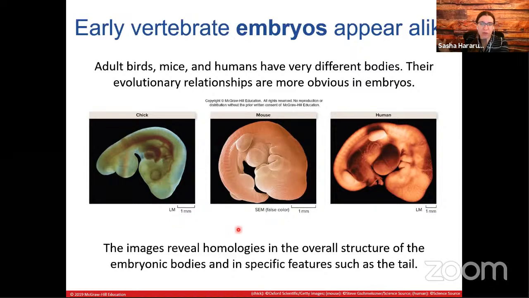But as an embryo develops into a baby chick or baby mouse or baby human, suddenly these babies don't look similar at all. But I find it quite fascinating that at the embryonic stage, we all very much look alike.